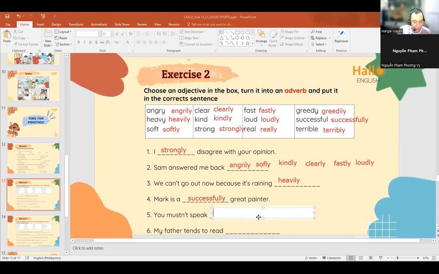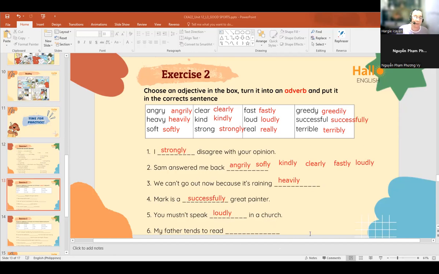What's the correct answer? Loudly, in a church, okay? So the adverb that we can use in here is loudly, because in a church, you are not allowed to speak loudly, right?